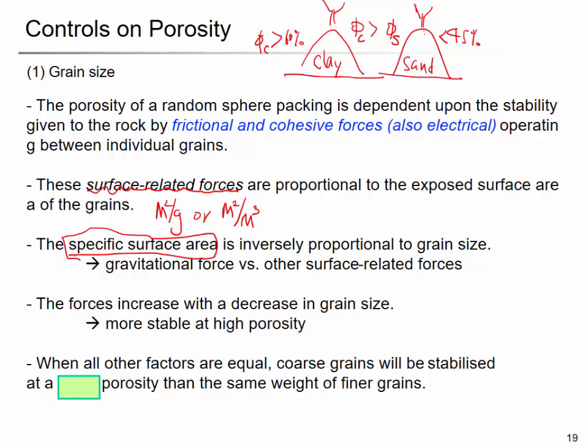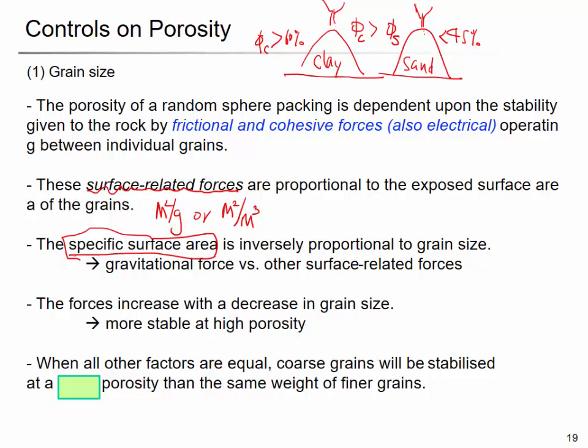So as the grain size decreases, the surface area increases, which means surface-related force increases as the grain size decreases. So force increases with a decrease in grain size, and it is then more stable at high porosity.